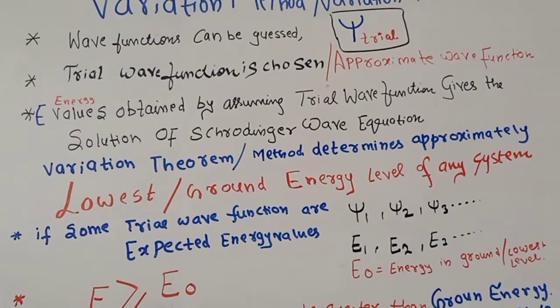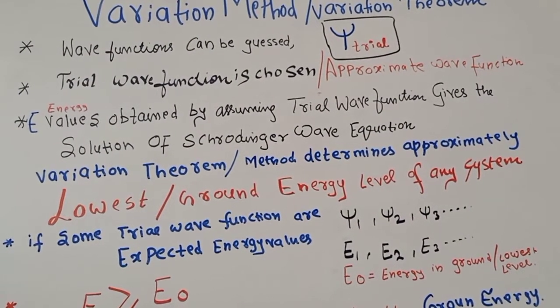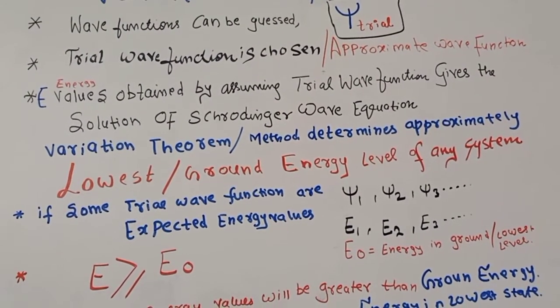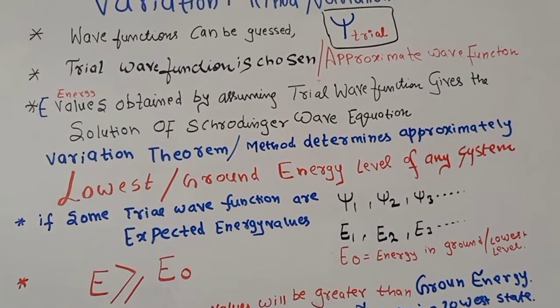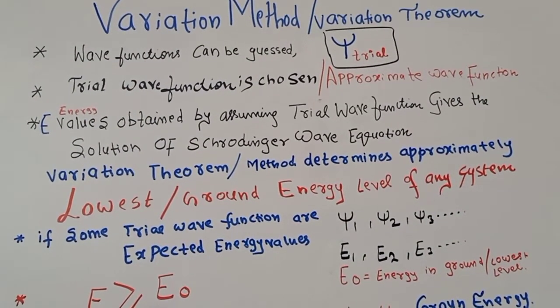What is the main important thing in the variation method? The energy values we obtain will tell the energy of the ground state. Suppose we are choosing some trial wave functions like psi1, psi2, psi3, etc., and the expected energy values are E1, E2, E3.